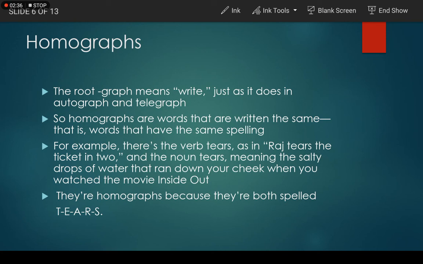So both the tears, we write in the same way, with the same spelling, but they carry two different meanings. So these words which have the same spelling are called homographs.